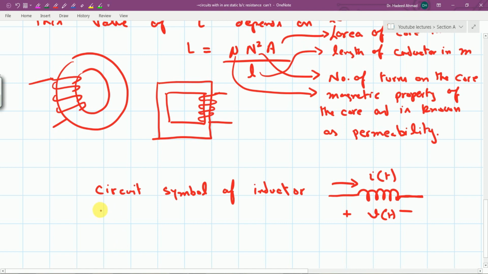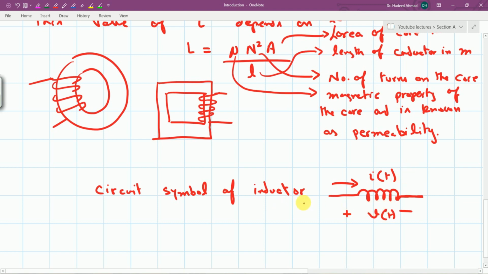Also, the symbol of this inductor represents an ideal inductor, with which we try to express a real device, right. So in an ideal inductor, we do not have any resistance in the coils used to wind this particular core. So we do not incorporate the resistance here, rather we describe this as an ideal device.